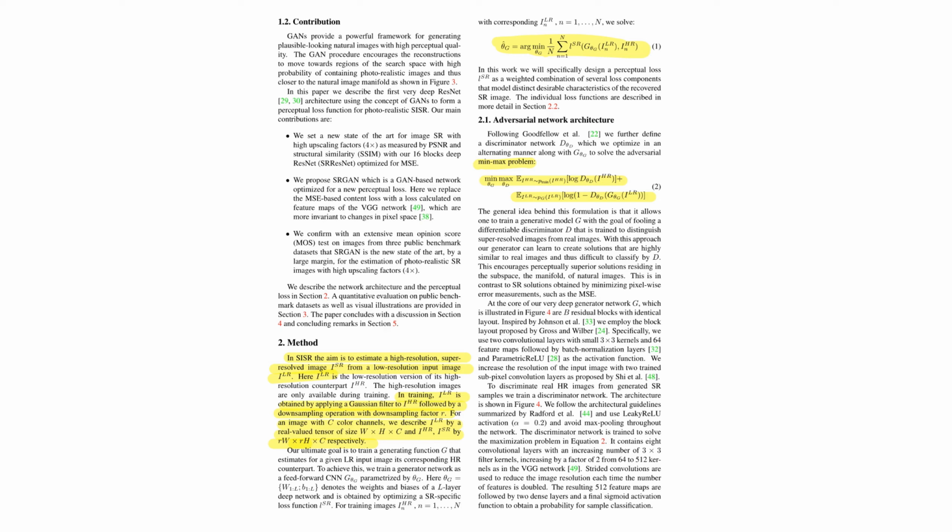As G gets better at generating images, D becomes more adept at distinguishing between real high-resolution images and those G has crafted. This dynamic challenges G to continually refine its output, ensuring that the resulting I_SR image clearly mirrors natural photos.